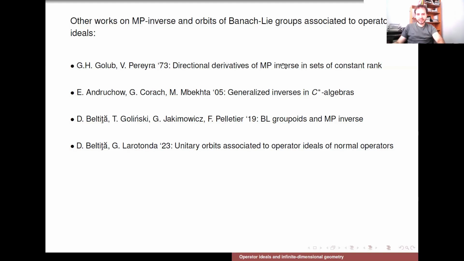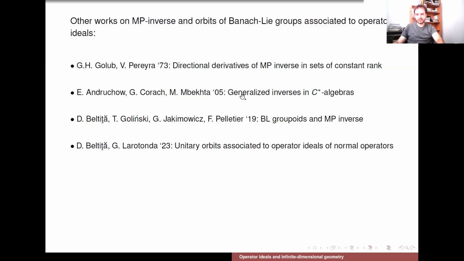In the finite dimensional setting, there is a work by Golub and Pereyra, where they compute the directional or Gateaux derivatives of the Moore-Penrose inverse, putting the constraint that when you take the incremental quotient to get the derivative, the perturbations do not change the rank of the matrices.